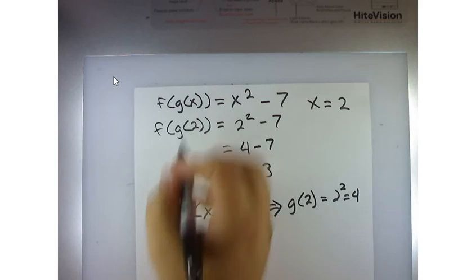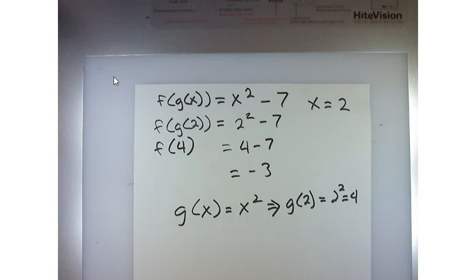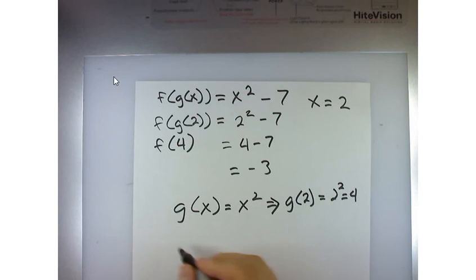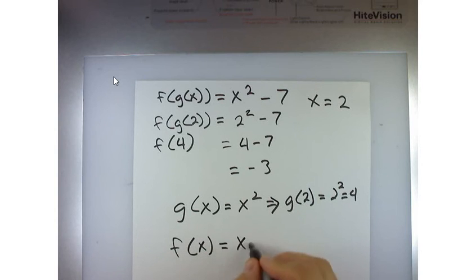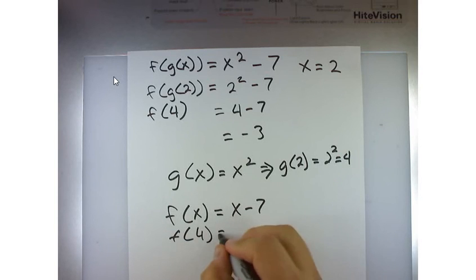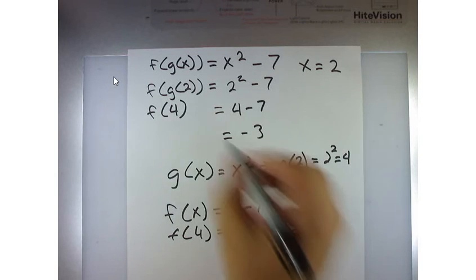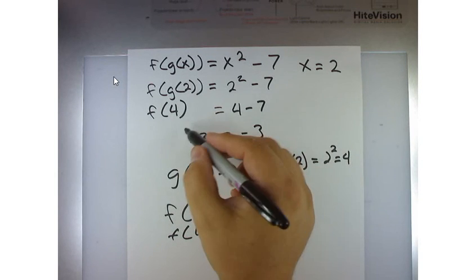So this next term should really say f of 4. Well, what is f of 4? Remember that f of x was equal to x minus 7. So if I were to write down f of 4, that will mean 4 minus 7, which equals negative 3.